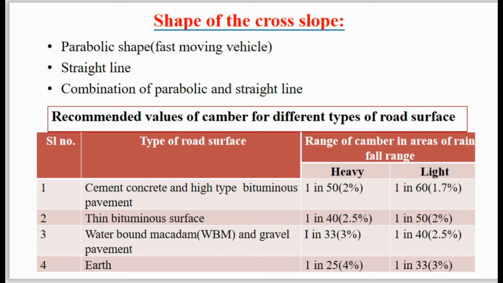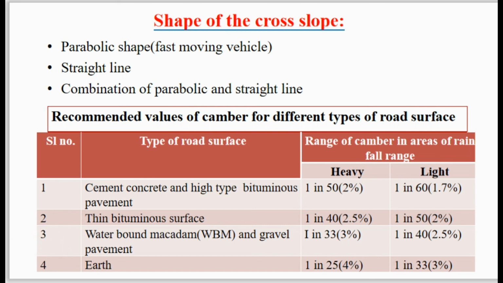Certain recommended values of the camber for the different types of road surfaces. First is the cement concrete and high type bituminous pavement. The range of camber in the areas of rainfall: first, heavy, it will be 1 in 50 or 2%, and second is light, 1 in 60 or 1.7%. Second, thin bituminous surface: for the heavy rainfall range it will be 1 in 40 or 2.5%, and for light, 1 in 50 or 2%.